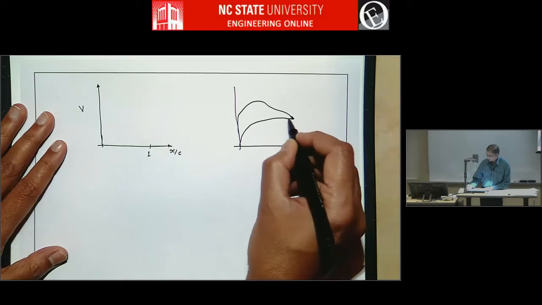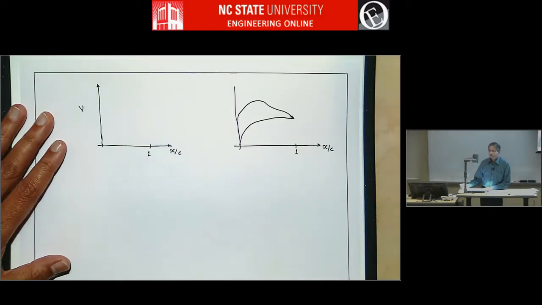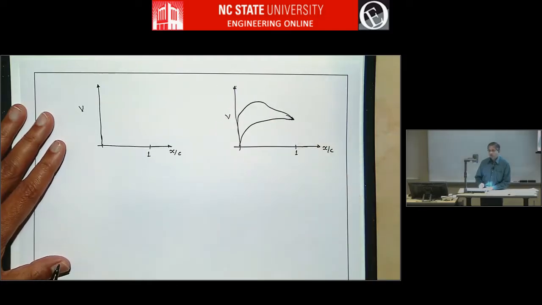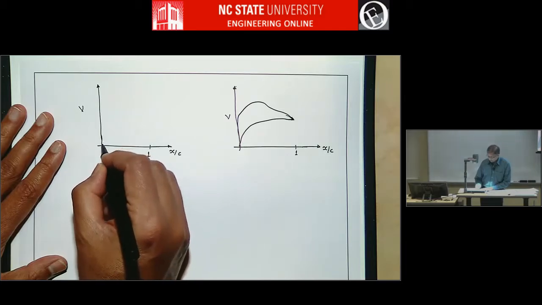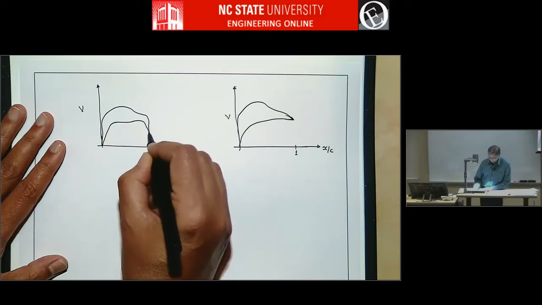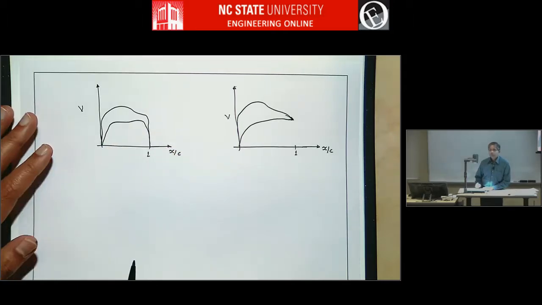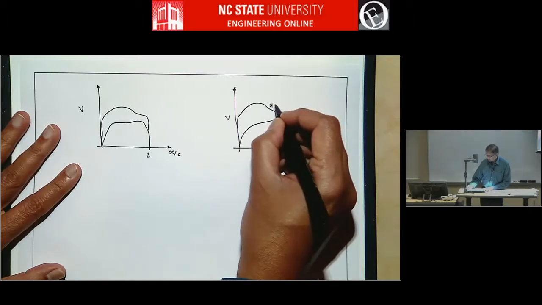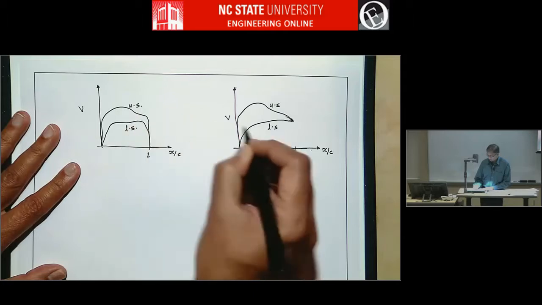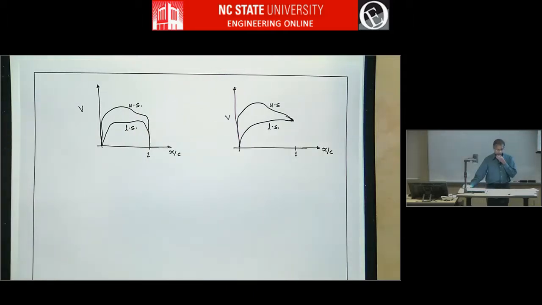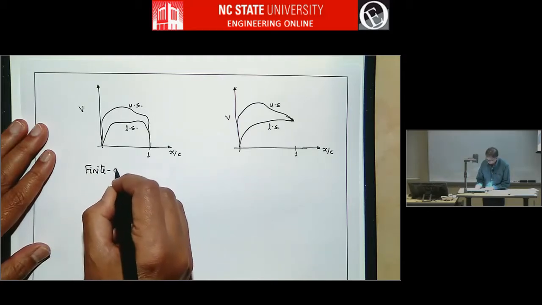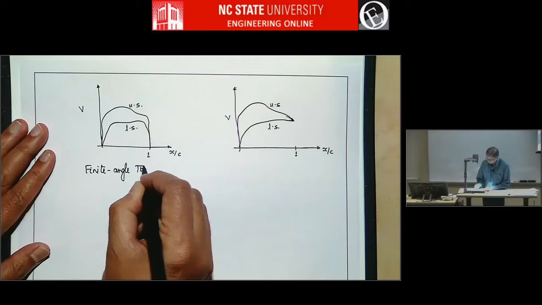Velocity on the upper and lower surfaces will meet at the trailing edge, so these two curves will meet, but they won't be equal to 0. But for a finite angle trailing edge, it will look something like this. Okay, so this is upper surface, lower surface, and this is upper surface, lower surface. So this one is a finite angle TE, and this is a cusped.